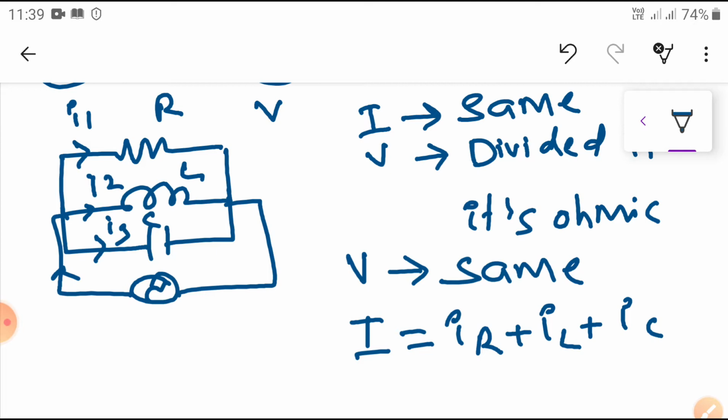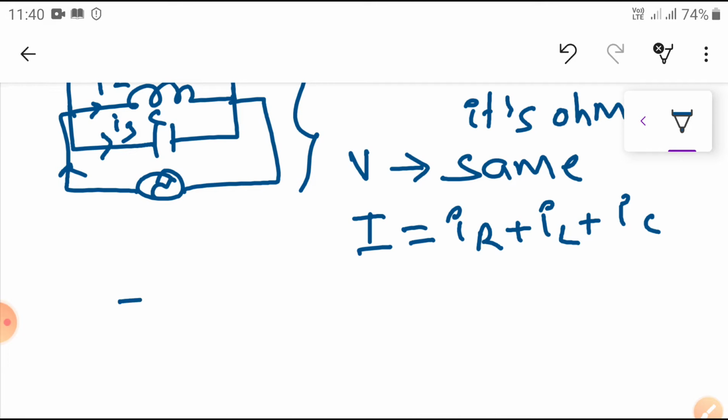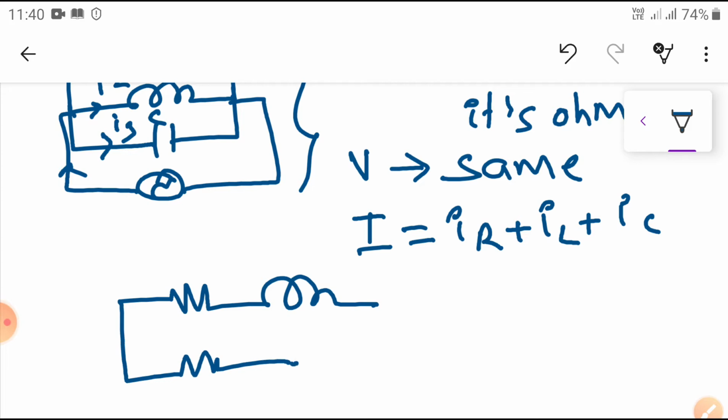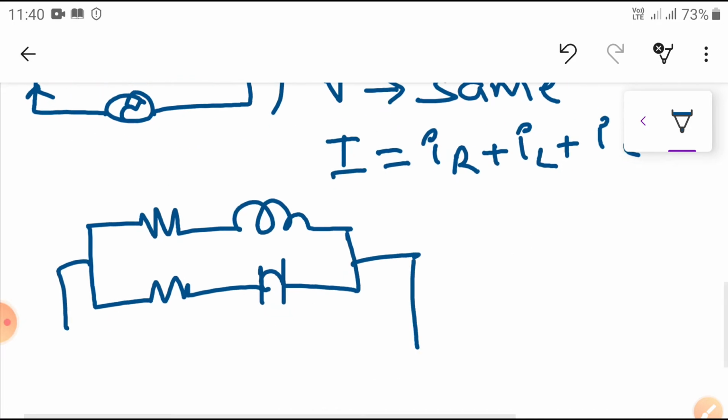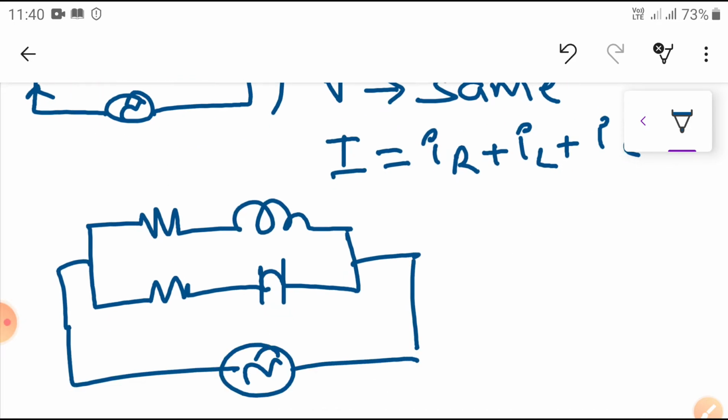So dear students, we will see in detail one by one the methods of solving parallel circuits. This is a basic parallel circuit. The combination may change: sometimes we connect a resistance with an inductor, and a resistance with a capacitor, and sometimes a capacitance and an inductance.